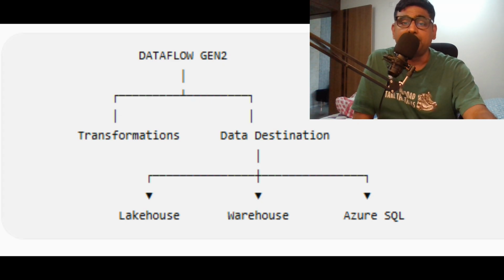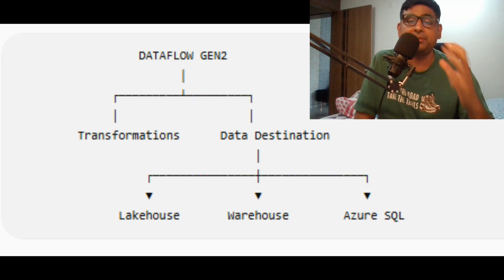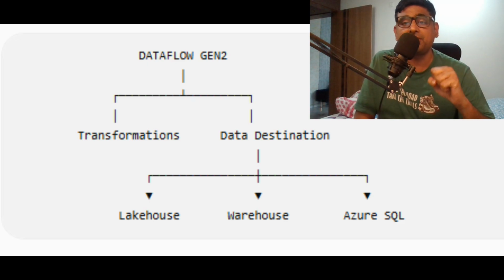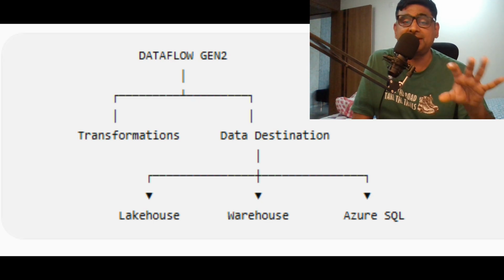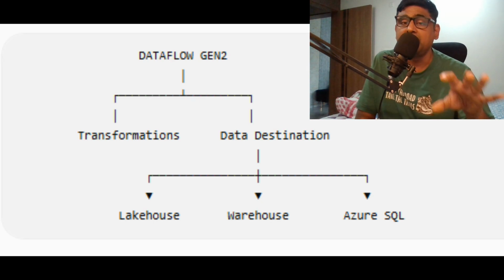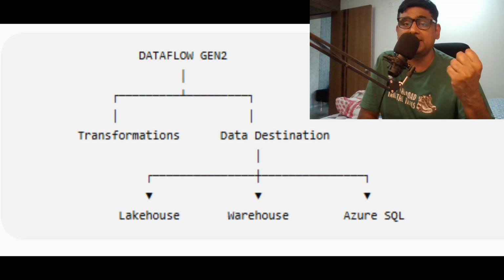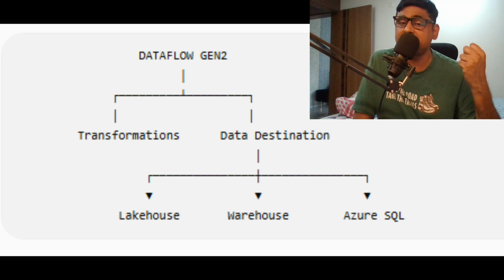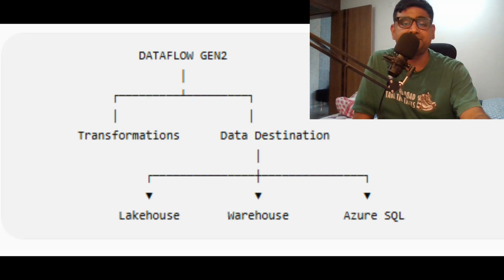But remember, the important point is Dataflow Gen2 is not only about manipulating data, it's about building a reusable or repeatable process that takes data from a source, transforms it, and then writes the result somewhere at the destination like Lakehouse or warehouse. Microsoft documents multiple Dataflow Gen2 destinations, including Fabric Lakehouse, as I told you, Lakehouse Files, Fabric Warehouse, Azure SQL, KQL, and there are other destinations also which you can select.